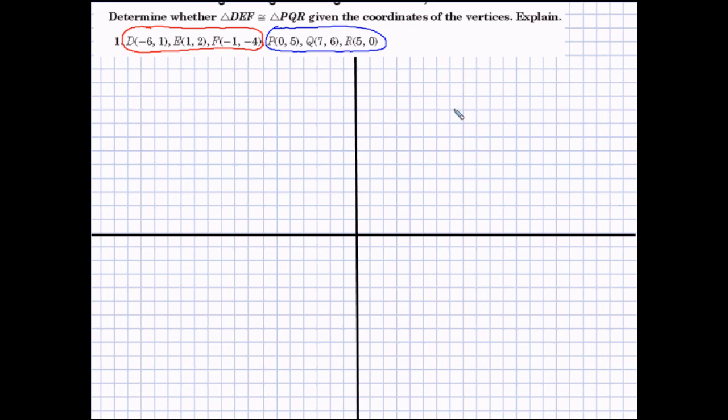Okay. So D is at negative 6, 1. E is at 1, 2. And F is at negative 1, negative 4. And I'm going to make my triangle.